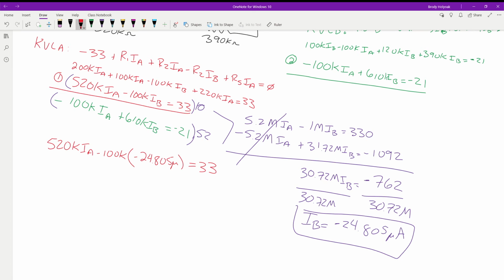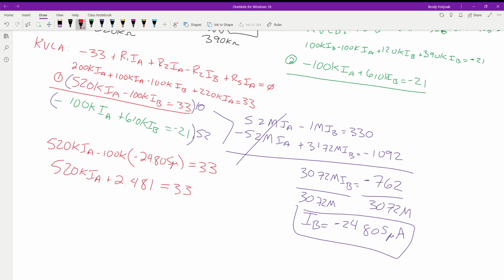Now, so we have 520K IA plus 2.481 equal to 33.